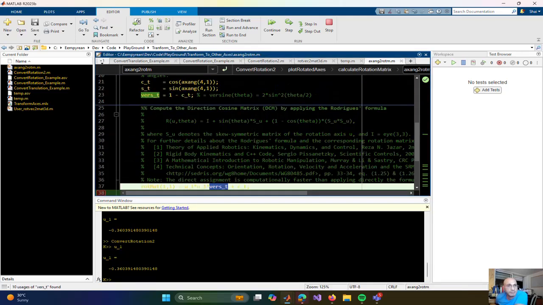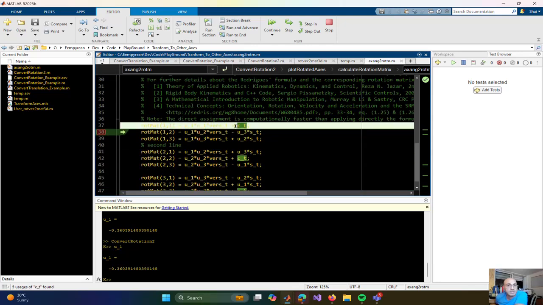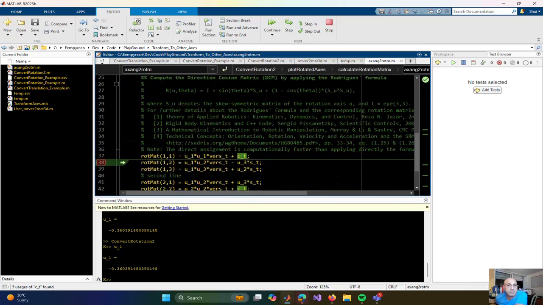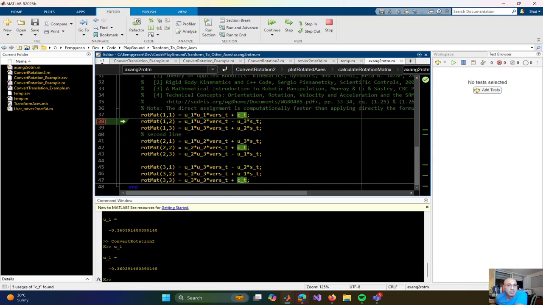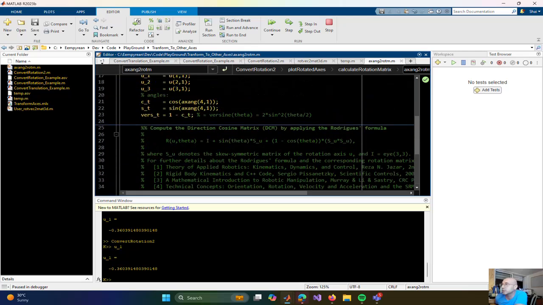This is scalar vers t, which is 1 minus ct, plus the ct of the cosine. Okay, so this concludes the required steps to apply the Rodrigues formula.